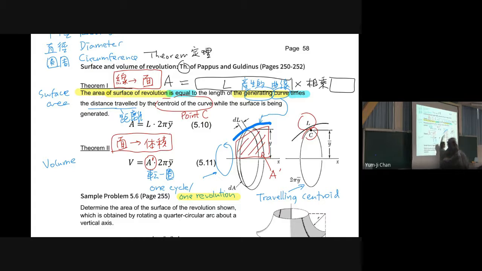If we turn this area by 1 revolution, we will get a volume.